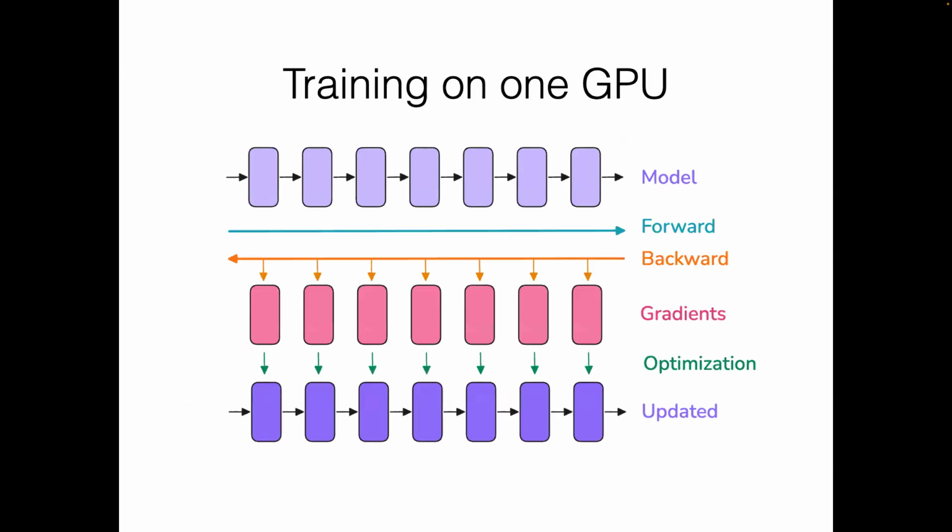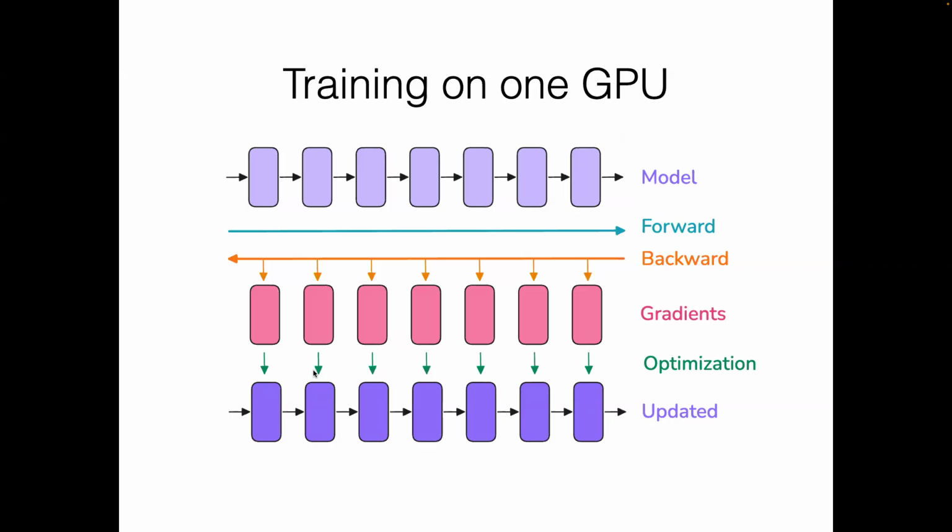So if we think about training on just one GPU, then we can have the following diagram. What you do first is, as we've discussed, do some forward pass, and this is visualizing through layers of the model. Then you do your backward pass, and the backward pass will give you gradients for each layer or each weight matrix in your language model. Then you apply the optimizer.